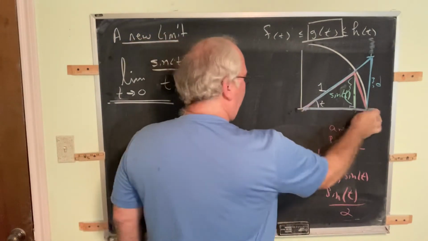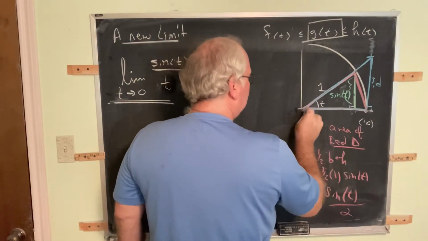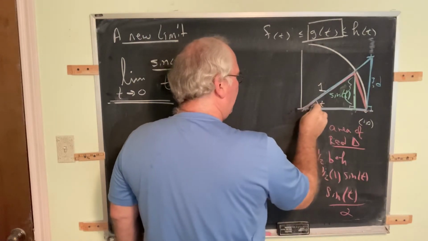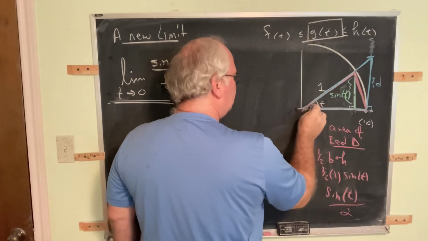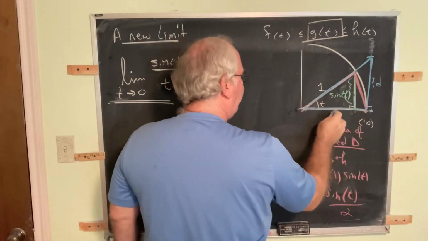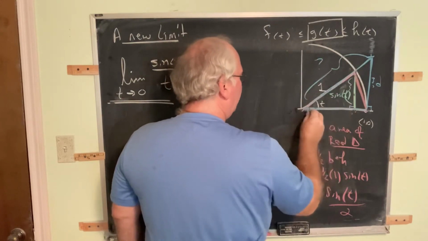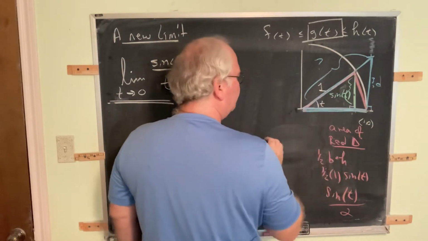Well, look, we have a right triangle. From this angle T in the blue triangle, we know that tangent of T is opposite over adjacent. We don't know how long the hypotenuse is anymore, it's more than 1. But we do know this distance is 1.